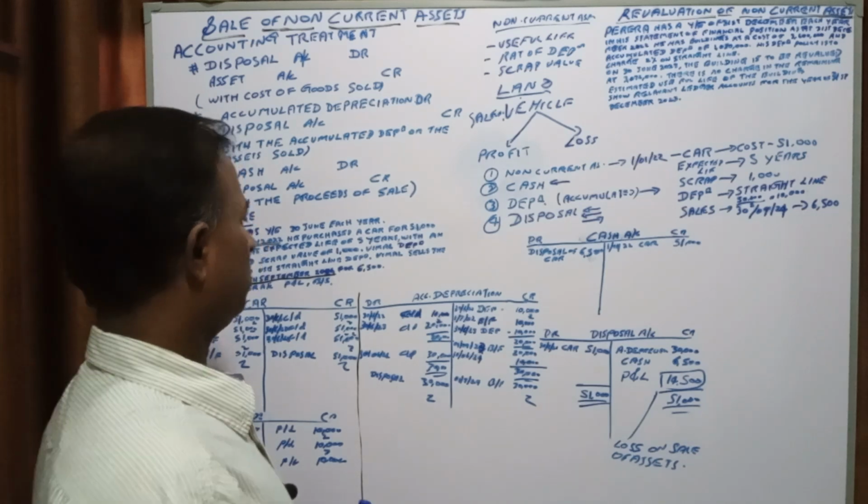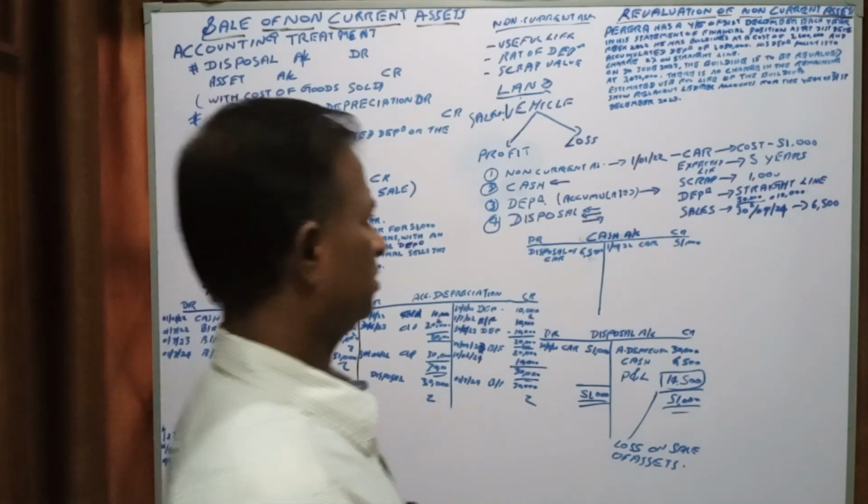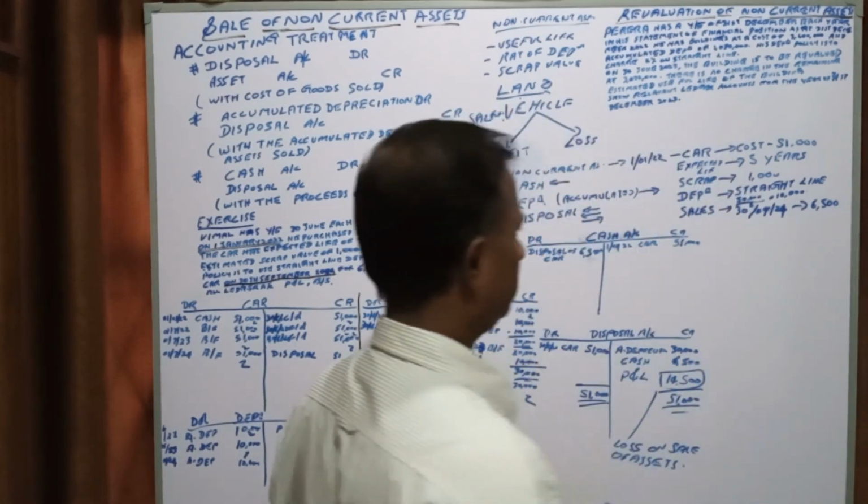Now the requirement is the profit and loss account and balance sheet. Profit and loss account and balance sheet.